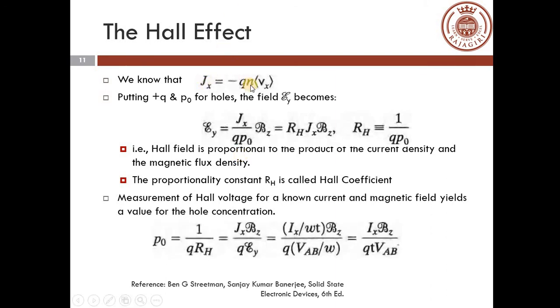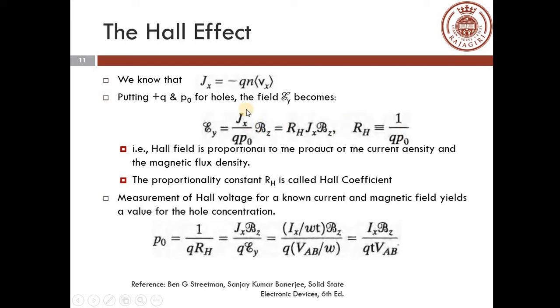Vx is equal to Jx by minus Qn. Since we are considering holes here, minus q changes to plus q and n changes to po. So instead of Vx, we are substituting Jx by q po, and epsilon y is given by Vx into Bz. So that is Jx by q po into Bz.